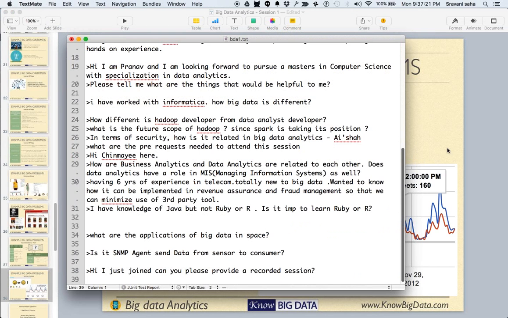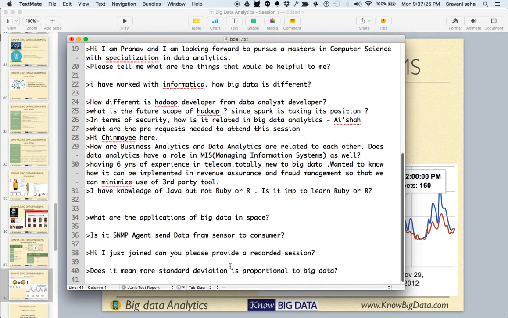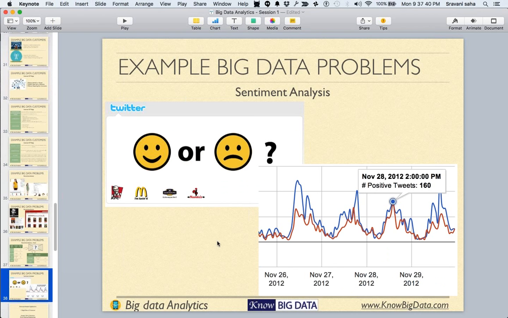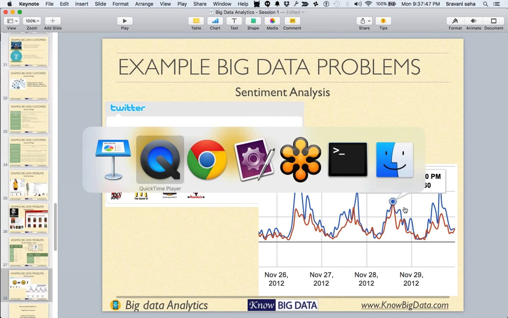The next question from Pranav is, does it mean more standard deviation is proportional to big data? Not really. Having bigger deviation or smaller deviation is the nature of the data.